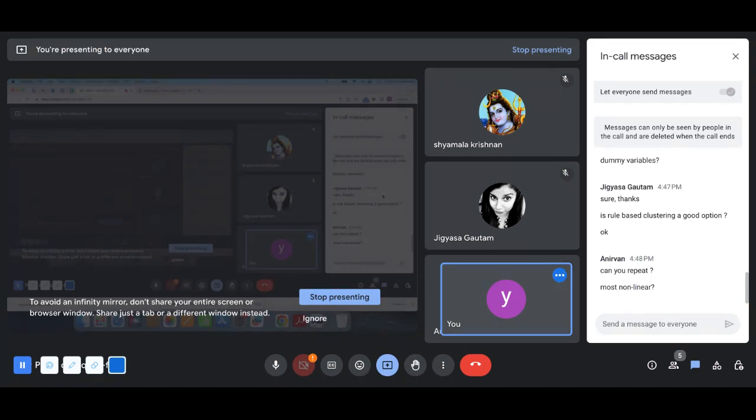No, that's not the right answer. What you want is, first of all, it should capture non-linearity, and it should be easy to compute, and it should not cause your gradients to vanish.